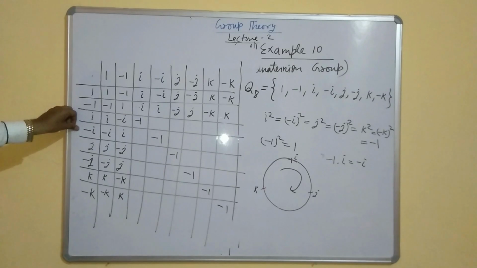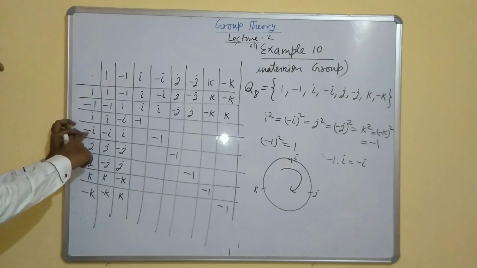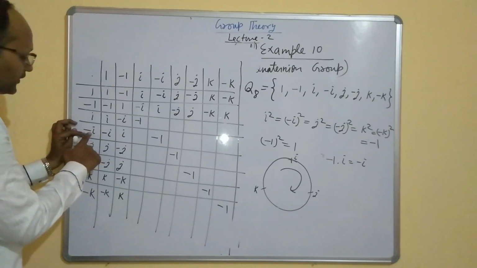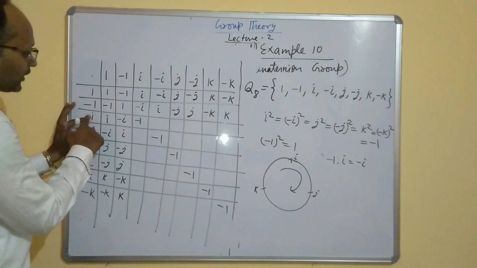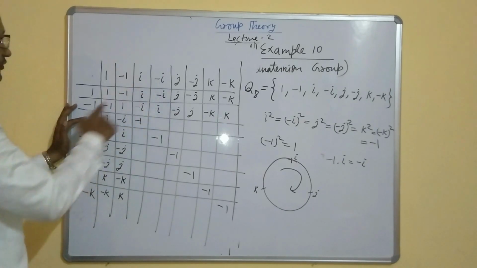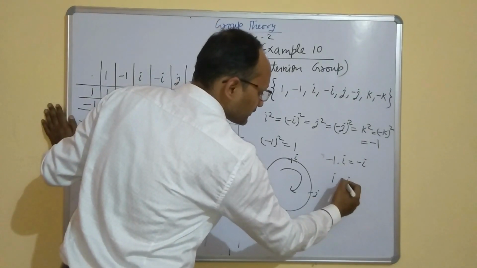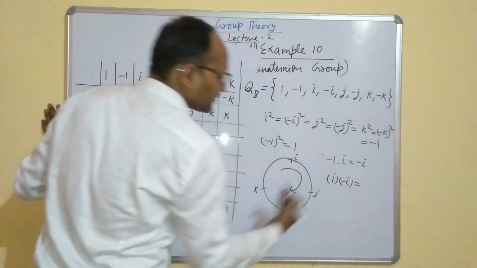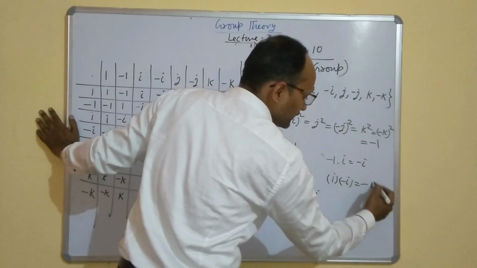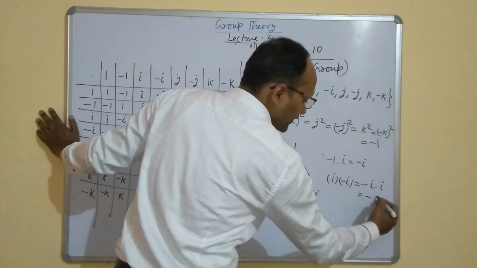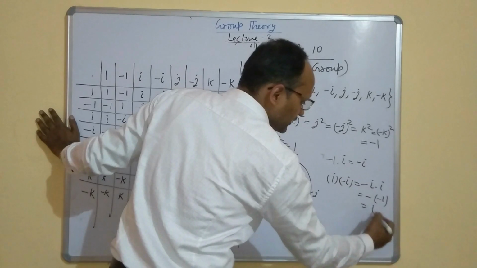Now again, i and minus i you want to multiply. So i and minus i means minus times i into i, that is minus of minus 1, so it is plus 1.